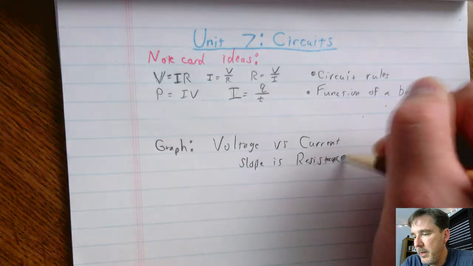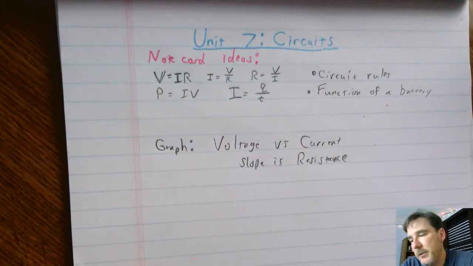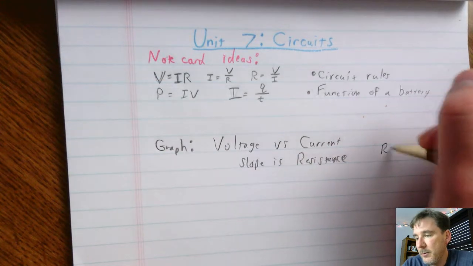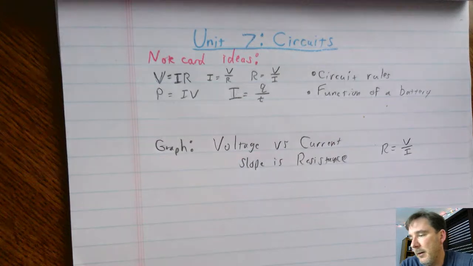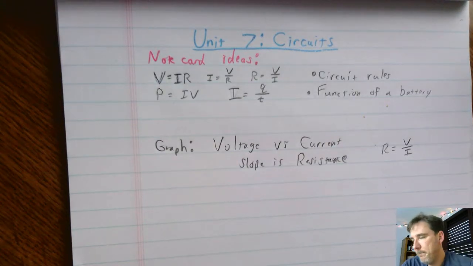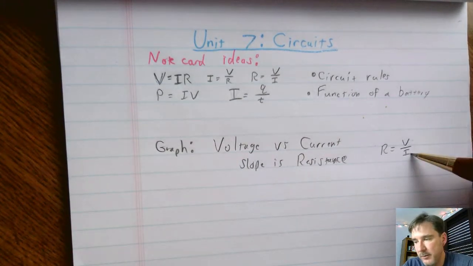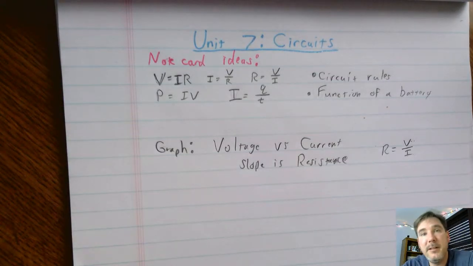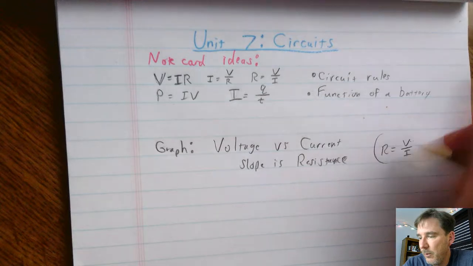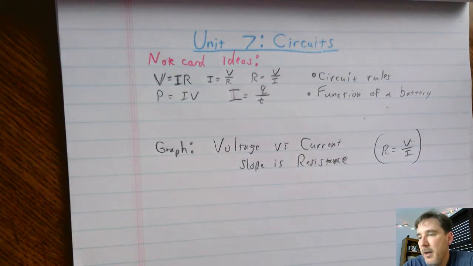The relationship between voltage and current is resistance, and that's very much reflected in the equation R equals V over I. If you take the change in V over the change in I, the change in voltage divided by the change in current, that's your resistance. And that is basically what we're saying here.